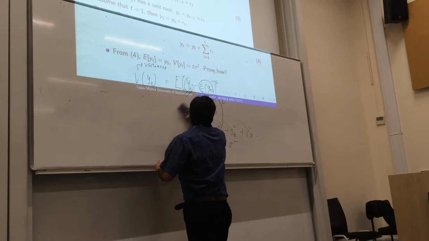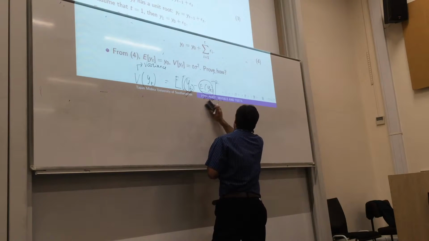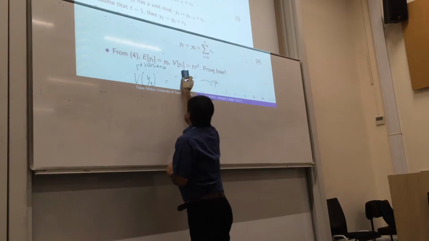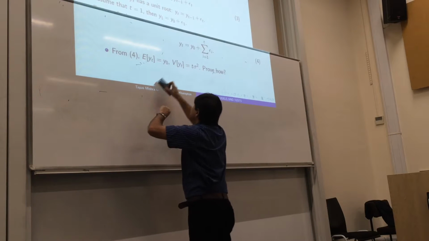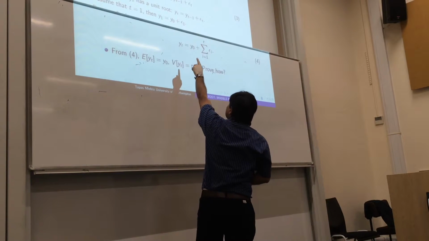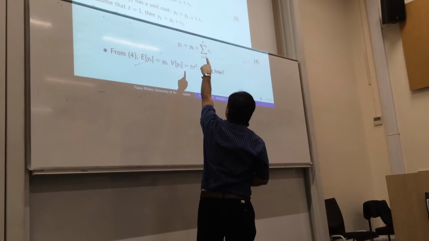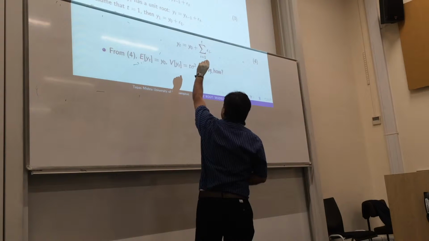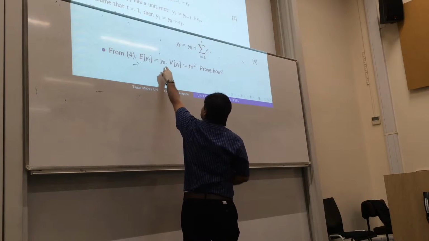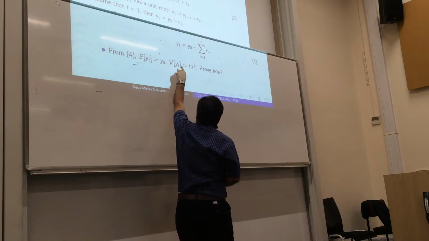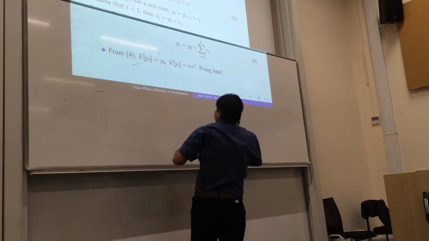So there is a beautiful property here. Whenever we have a time series given as yt equal to rho yt minus 1 plus epsilon t and rho equal to 1, then its mean is the initial value and its variance is t sigma square.